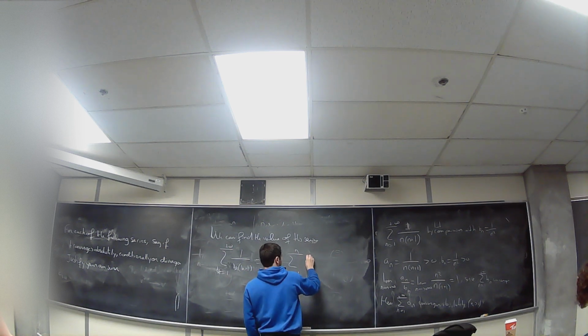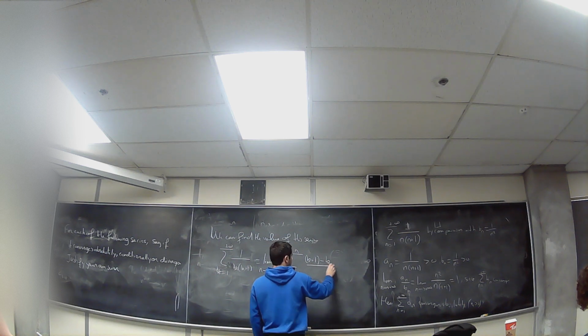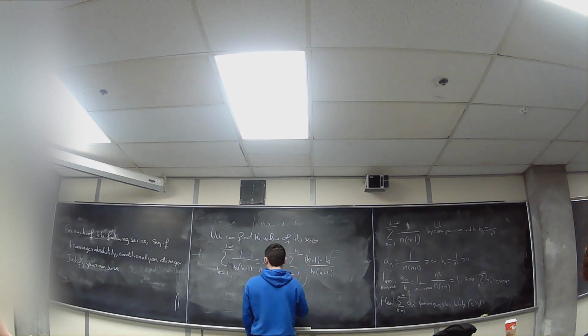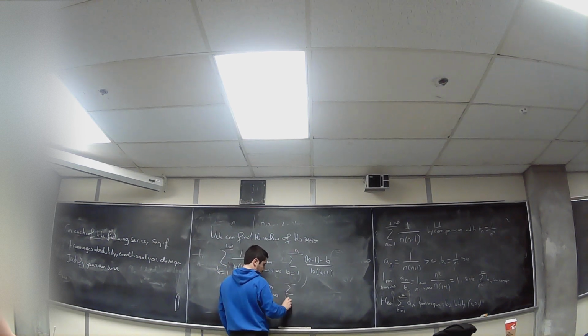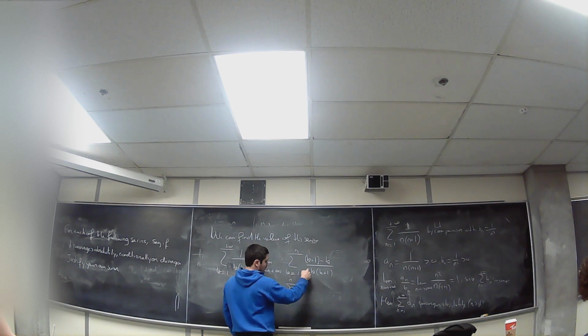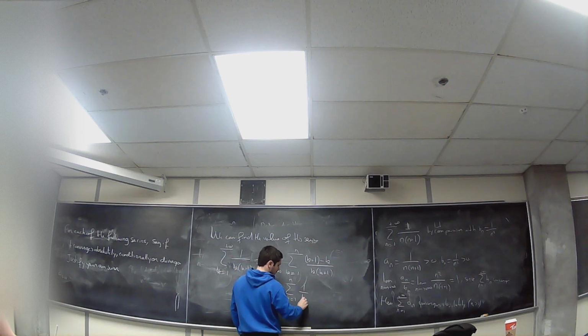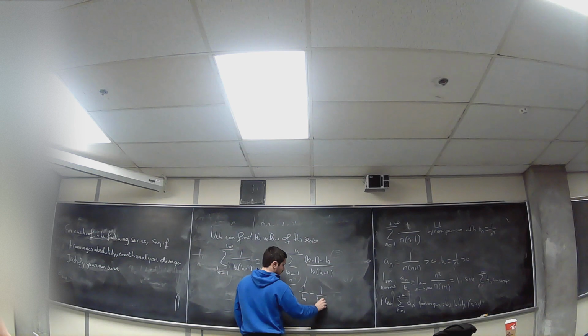Let me write it this way: k plus 1 minus k over k times k plus 1 is just 1 over k minus 1 over k plus 1.